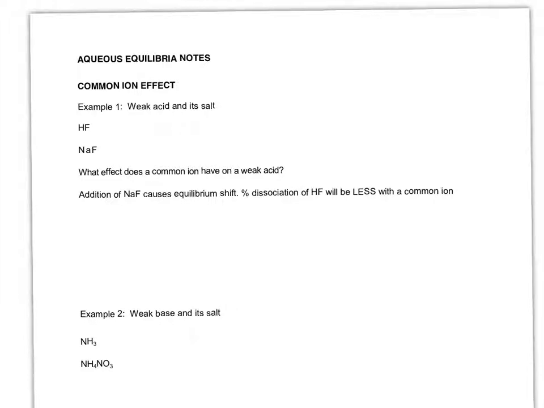And before we talk about buffers, we're going to talk about something called the common ion effect. That's where you have two substances that have a common ion between them, and you add those two together. For example, let's look at if we have a weak acid and its salt. An example of a weak acid is HF.